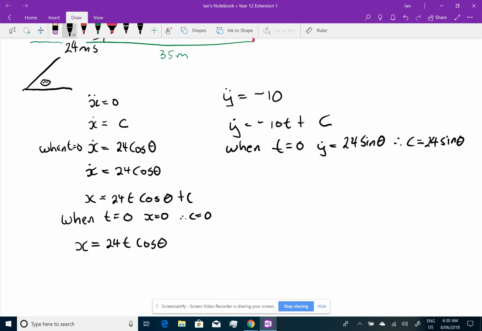I'm not going to do the substitution. You have done it enough to realise by this stage that that's what it's going to be. So y dash equals minus 10t plus 24 sine theta.